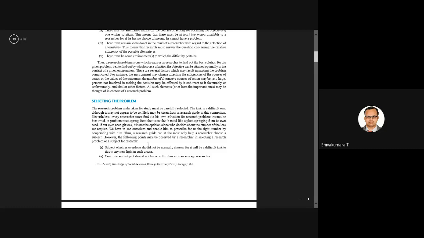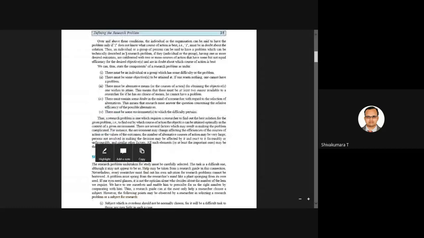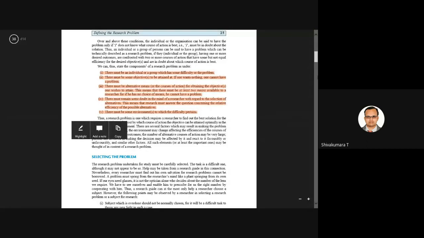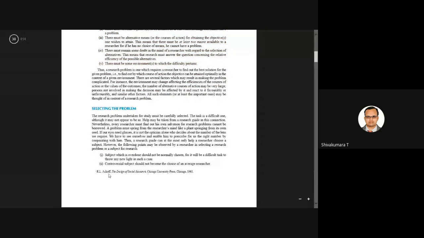So the author referred to some of the content of this in the current page. You can notice that the superscript 1 is there, which means this content was taken from that author. That author reference is given in the same page wherever it is referred to. This is called a footnote.